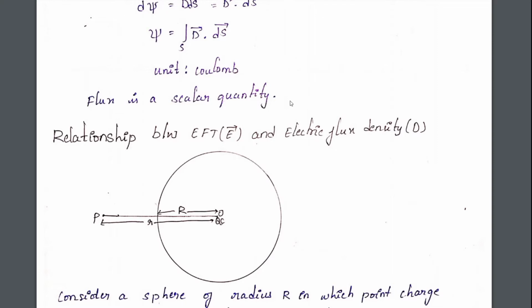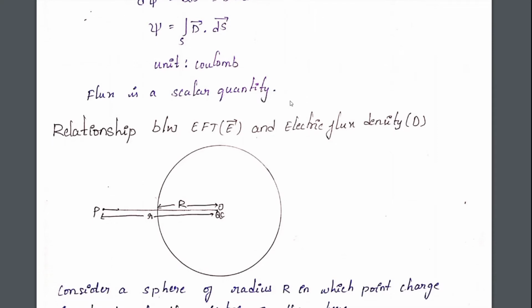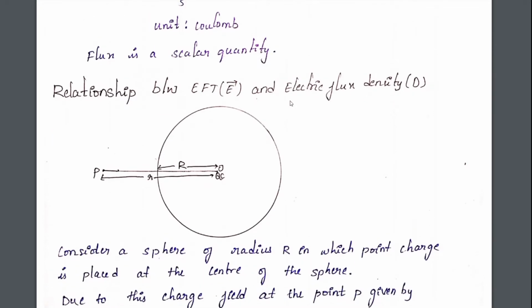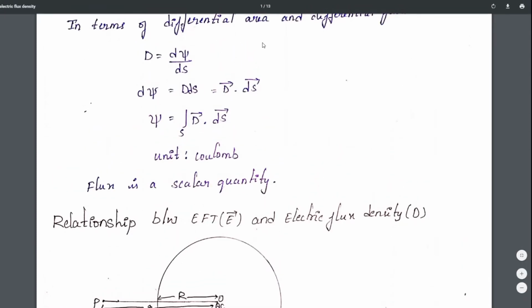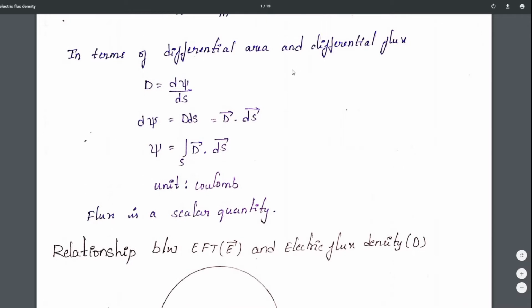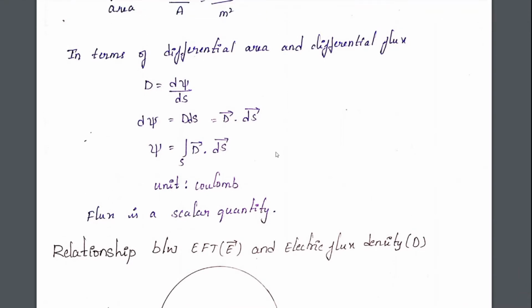The flux density can also be defined in terms of differential flux upon differential area, so d psi by ds. If you cross multiply, d psi will become D ds. Since the dot product of two vectors is a scalar product, D ds is a scalar, so you can write it as vector D dot ds. And for the total, you need to integrate on both sides.